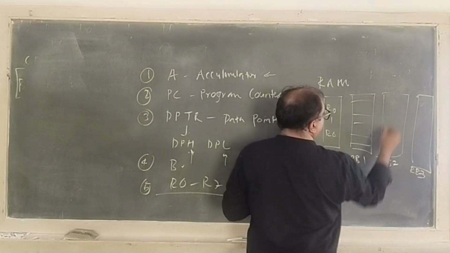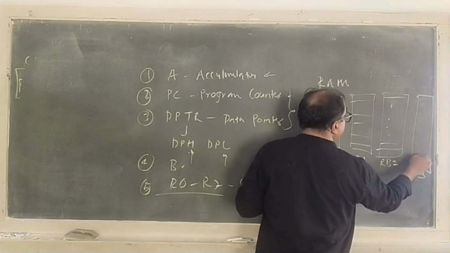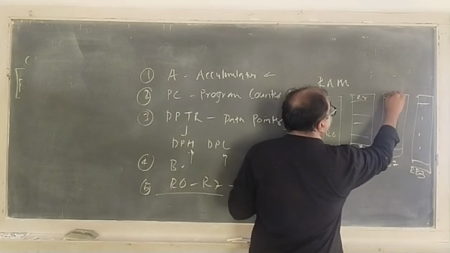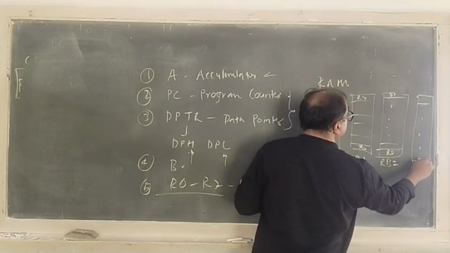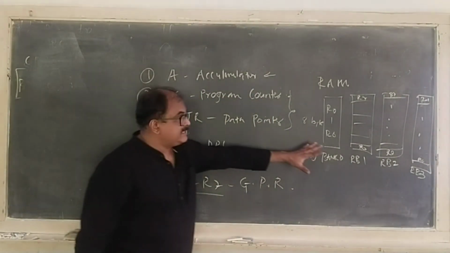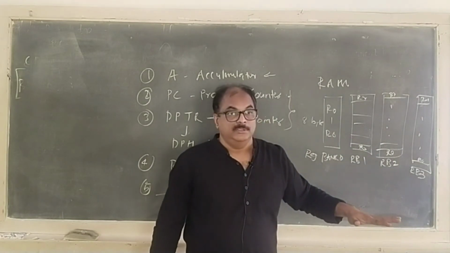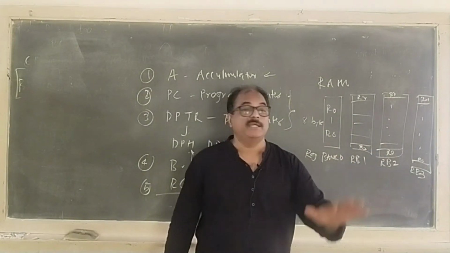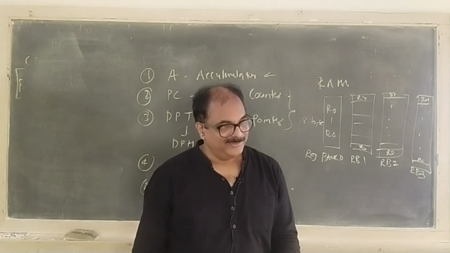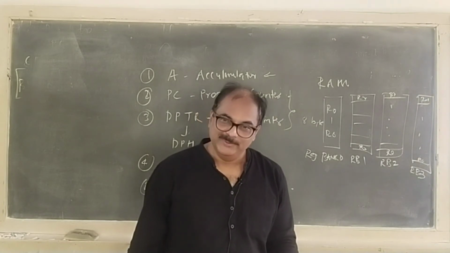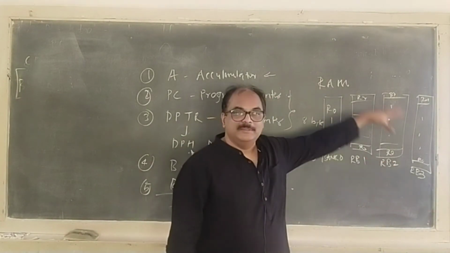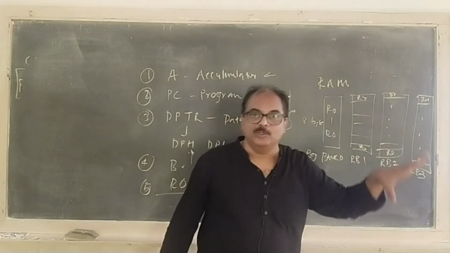Each having 8 registers, each with the same names, R0 to R7. So how many bytes are consumed out of 128? How many bytes are consumed by the general purpose registers? 32. 8 into 4, 32. So 32 bytes of RAM are consumed by these general purpose registers alone.